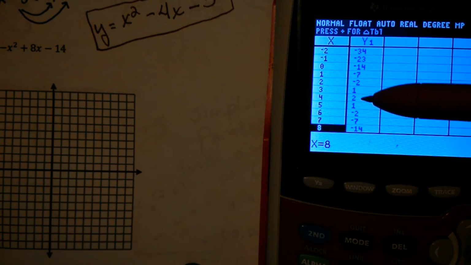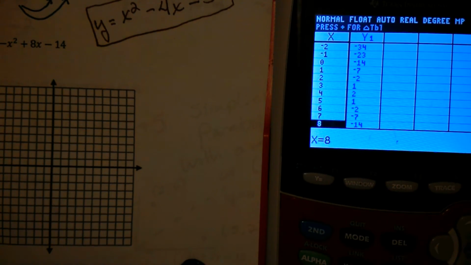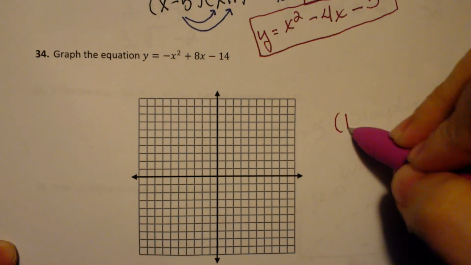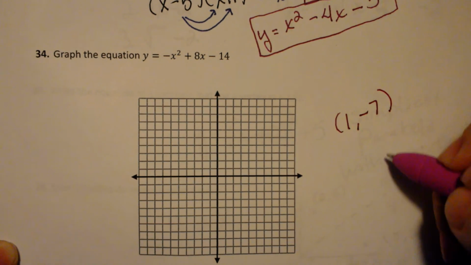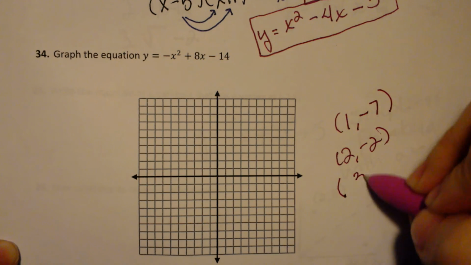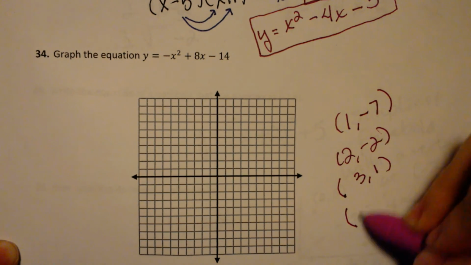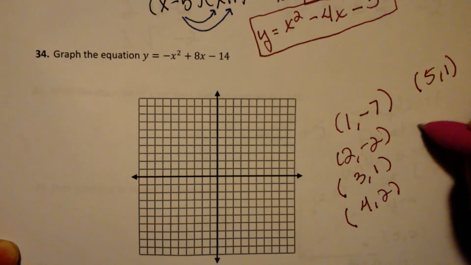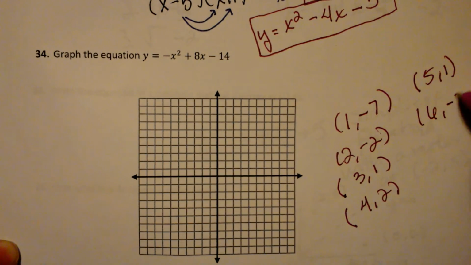So I'm going to use those points. 1, -7, 2, -2, 3, 1, 4, 2, 5, 1, 6, -2, and 7, -7.